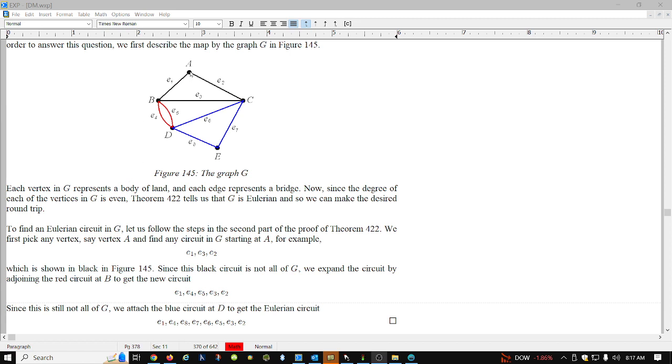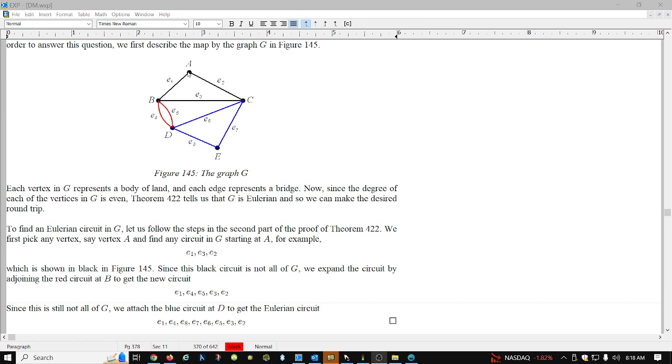So we'll pick any vertex, may as well be A, and we will trace edges until we return to A. So we could go from A to B, and then B to C, and C to A. In this simple graph, it's probably possible just to trace the entire Eulerian circuit, but remember that the graphs will be a whole lot more complicated in practical applications.